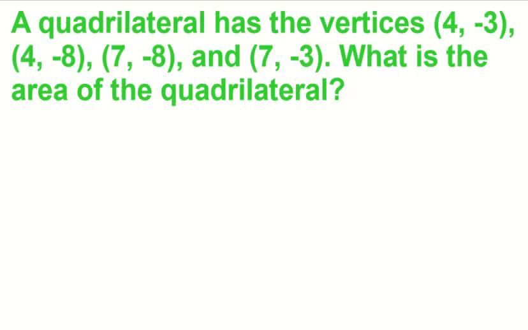So go ahead and try this, find the area. When you find the distance from an ordered pair, you want to look for a match, okay? Either the x or the y should match. Whichever one matches, don't use the match. Just use the 2 different numbers and find the distance.